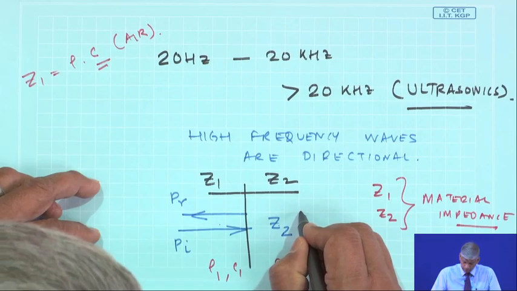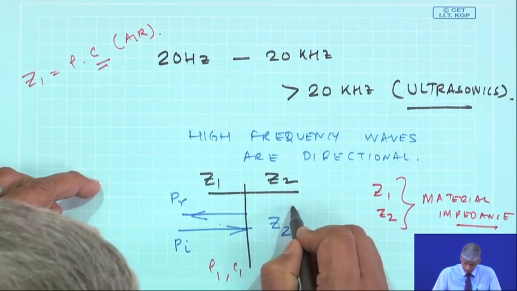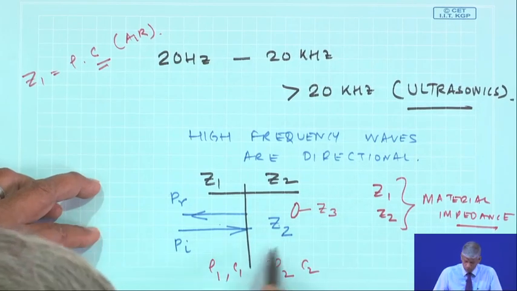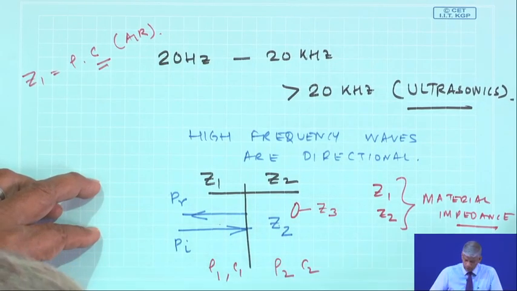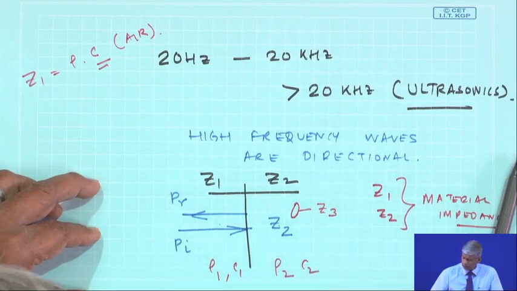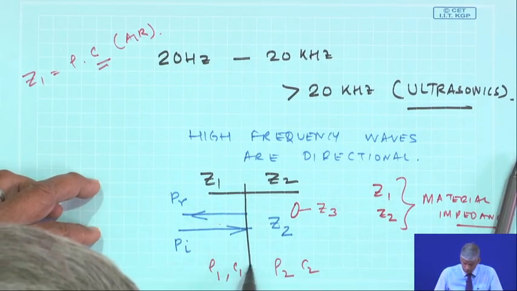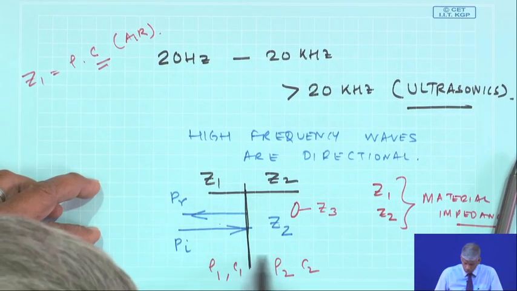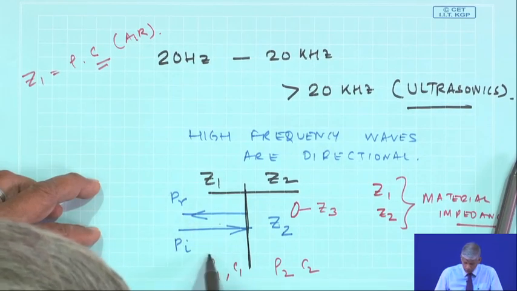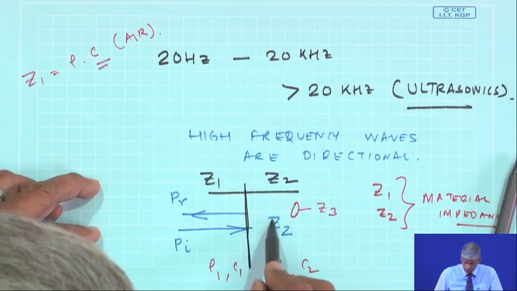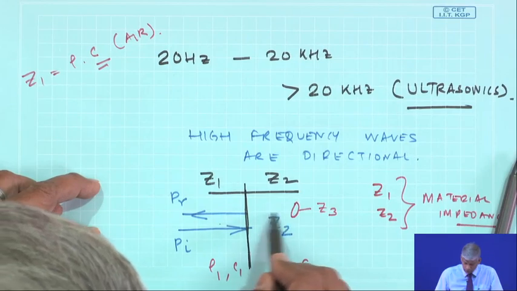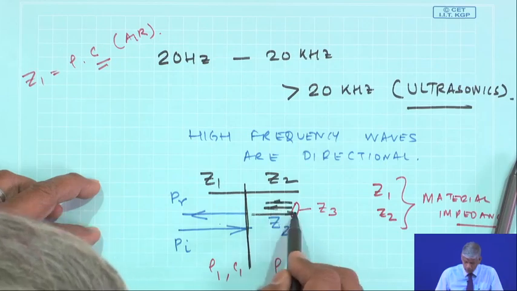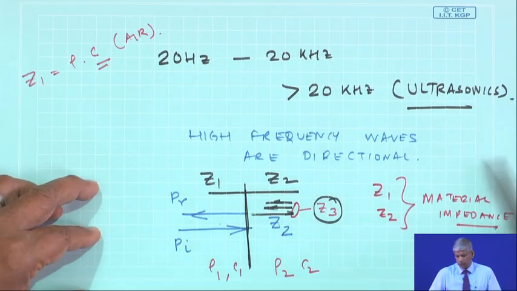If there was a defect in this medium, which has a different impedance Z3, and if I had a system wherein I was scanning along this surface, because they are linear. So, every time the PR would change depending on Z2, but suddenly when it comes here, the reflected wave amplitude would change, because there is a defect.